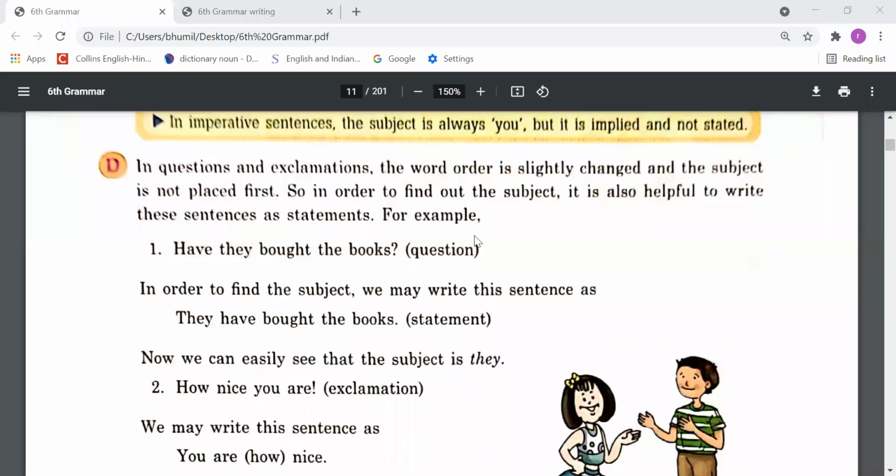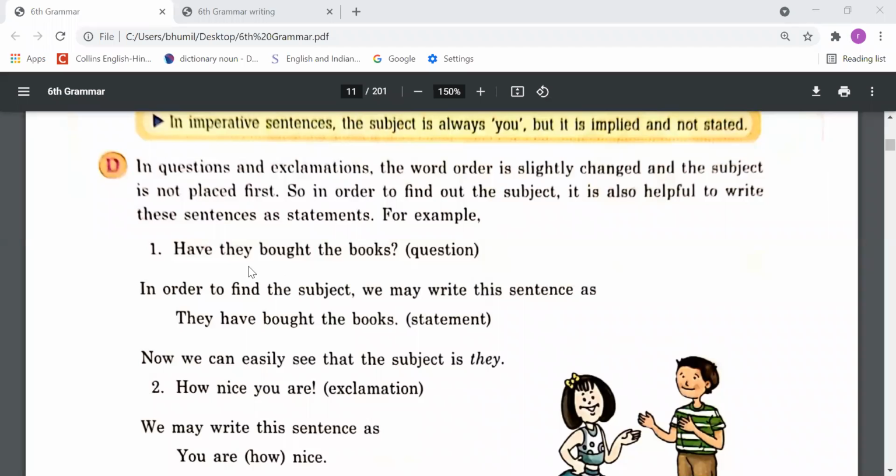For example, so dear students, we have understood that we usually write the subject at the beginning of a sentence, but sometimes, as I have told you, when we make a statement and want to emphasize the subject, we write the subject at the end of the sentence. The second point we have to understand here: in interrogative sentences and in exclamatory sentences, we also don't use the subject at the beginning of the sentence.